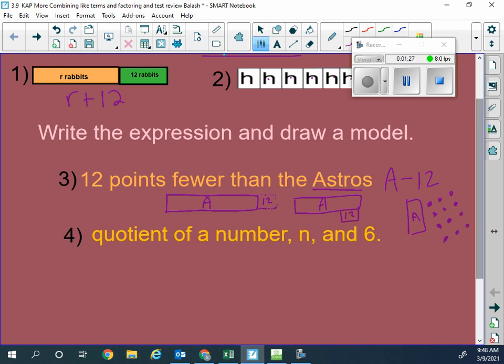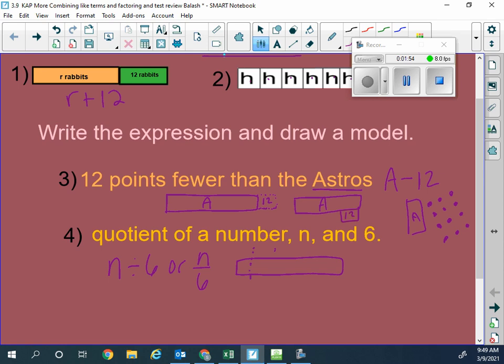All right. Quotient of a number n and 6. What does quotient mean? When we divide, that's right. So we're going to do n divided by 6, or n over 6, okay? What would a model look like? Good.